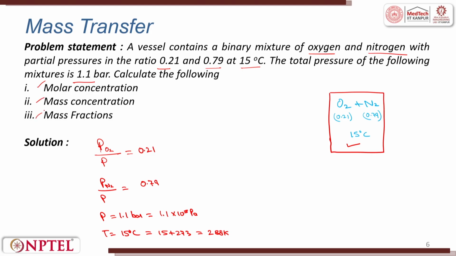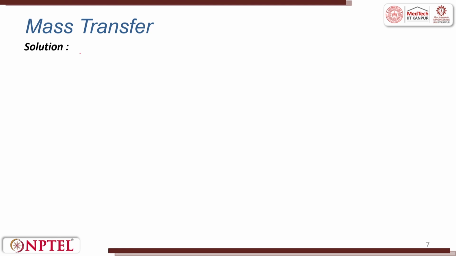To find molar concentration, now we know PO2 turns out to be 0.21 into P, which is equal to 0.21 into 1.1 into 10 raised to power 5, which is 0.231 into 10 raised to power 5 pascals.